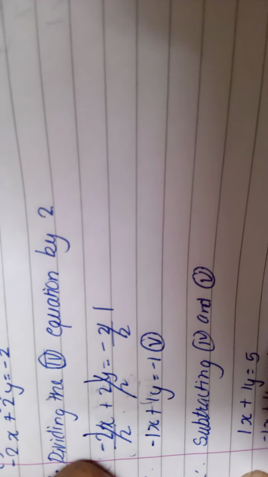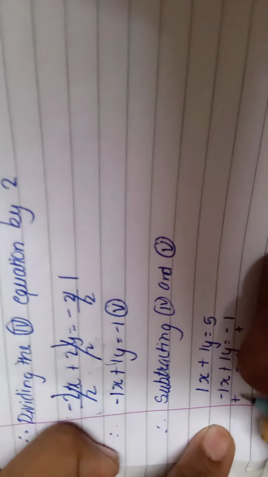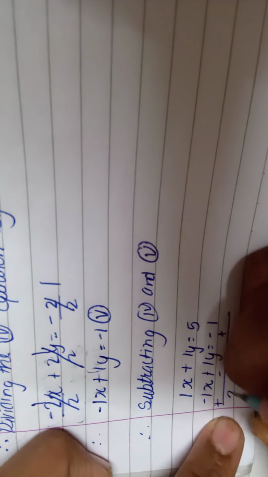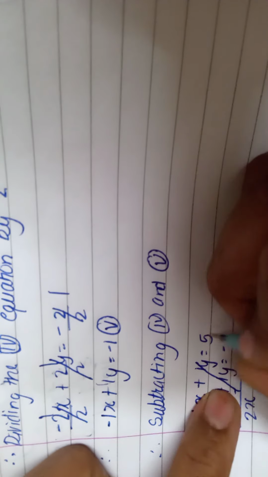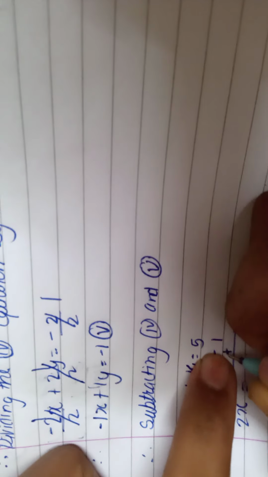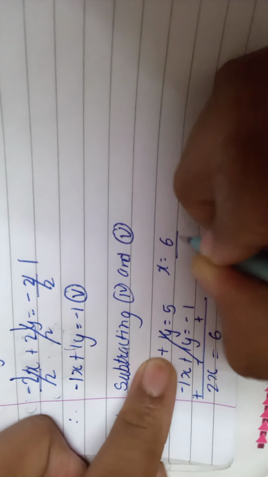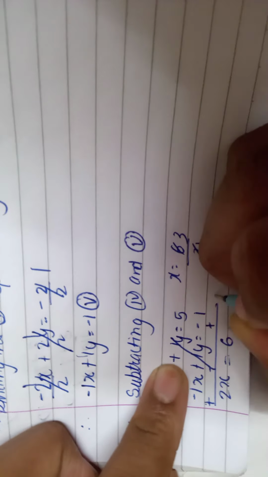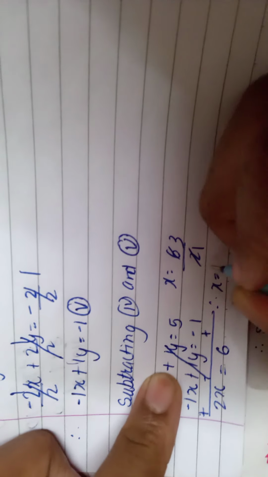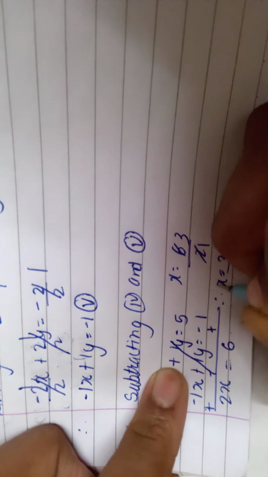As the sign changes, minus becomes plus. So it becomes 2x, the y terms get fully cancelled, and the right side becomes 6. So x is equal to 6 upon 2. 2 ones are 2, 2 threes are 6. Therefore we got x is equal to 3.